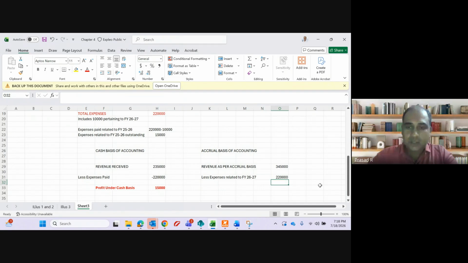In this 2 lakh 20,000 total expenses, less expenses related to financial year 26-27, I will have to reduce minus 10,000 from my total expenses.